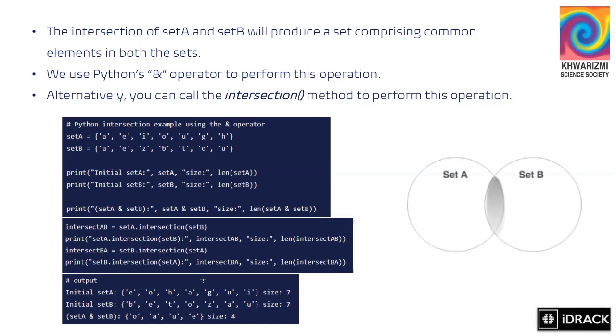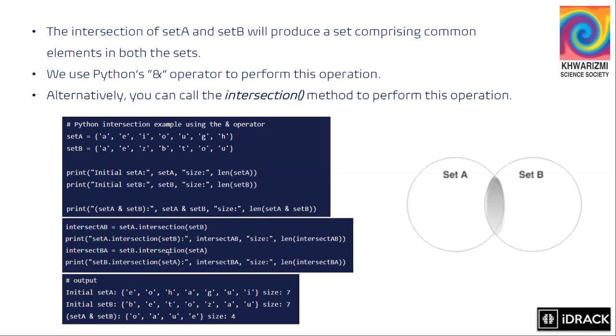Set A is A, E, I, O, U, G, H, and set B is A, E, Z, B, T, O, U. You print the sets and their sizes, which is 7 and 7, and then you print the intersection. You can either do set A and set B, and then the size, or you can do intersection BA equals set B dot intersection set A.